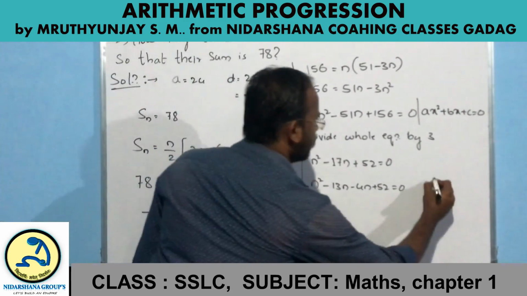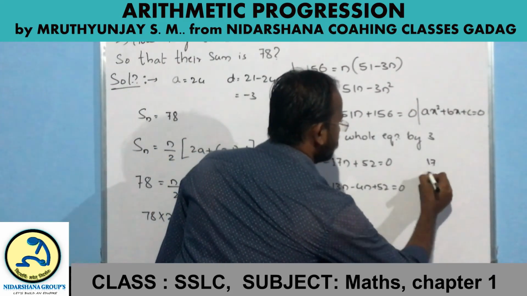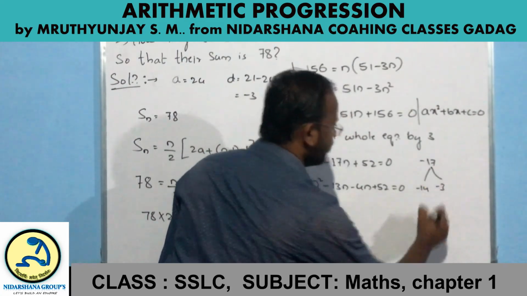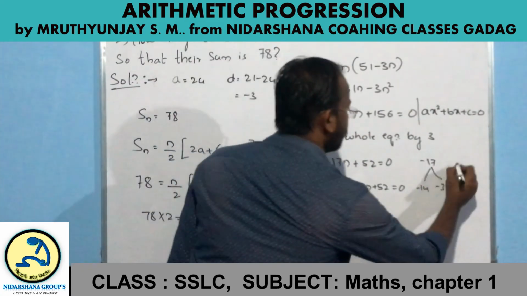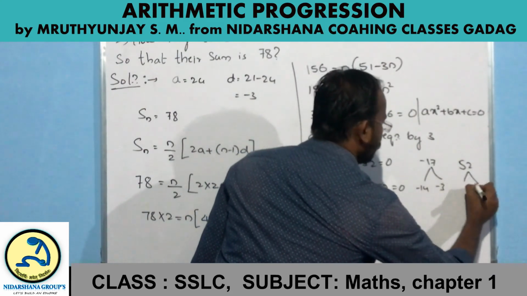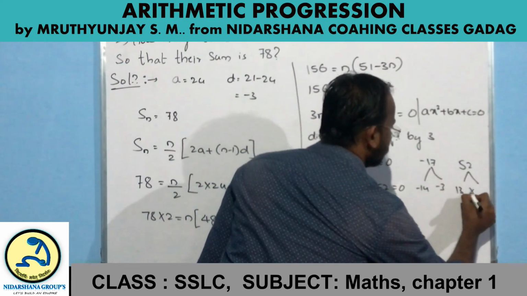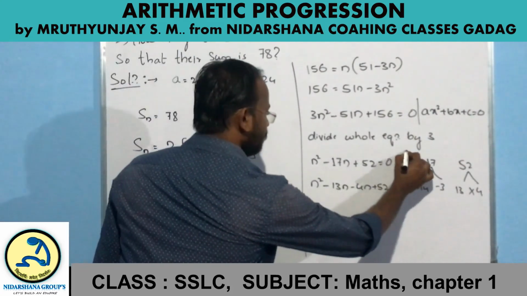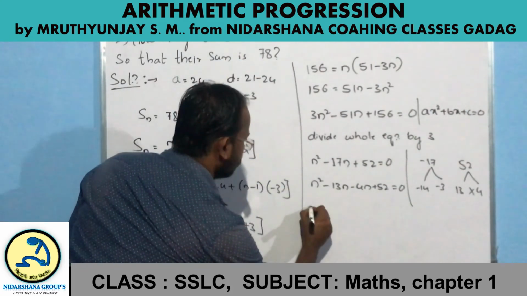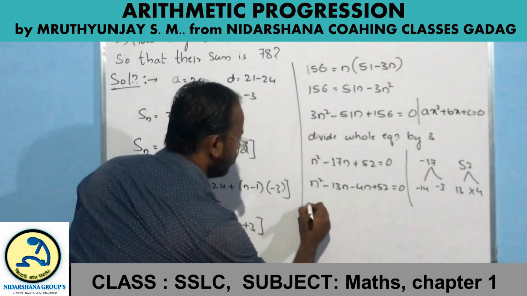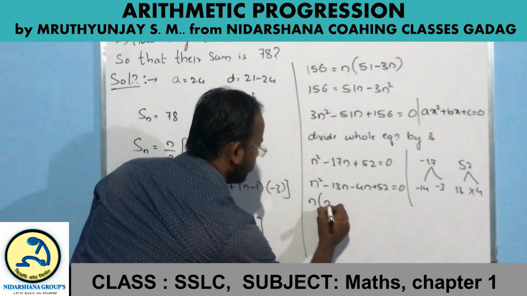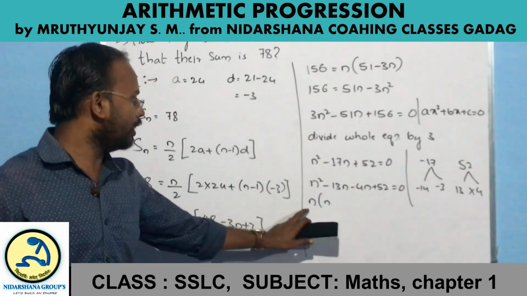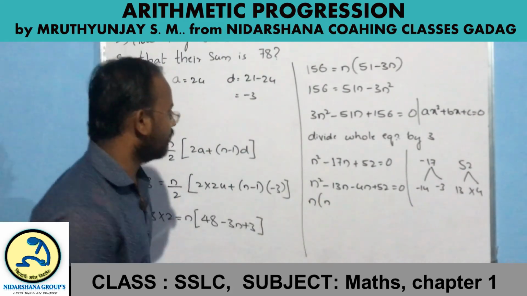Okay, so minus 13 minus 4 will give the 17, and 13 into 4 gives 52. In these two terms, I will take n as common. If you take n, here n square is there, then if you take n, one n will remain, so I will keep it in a bracket.